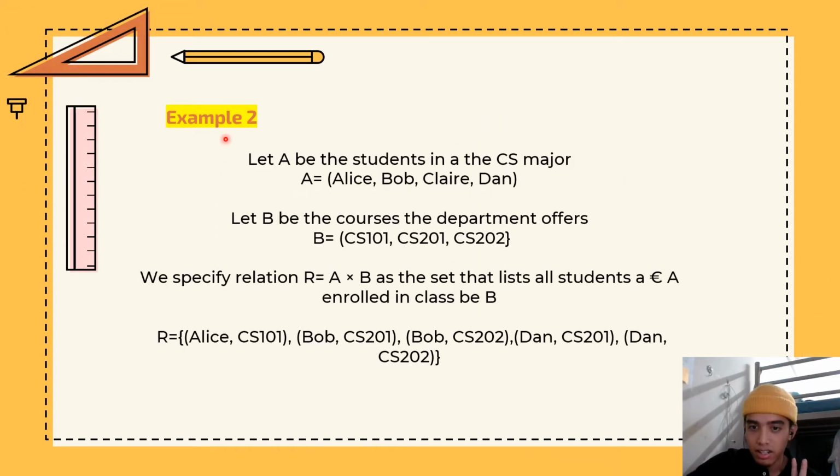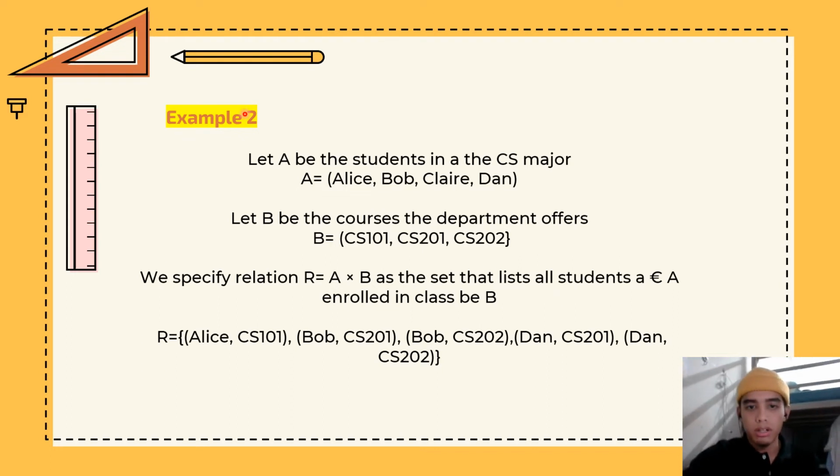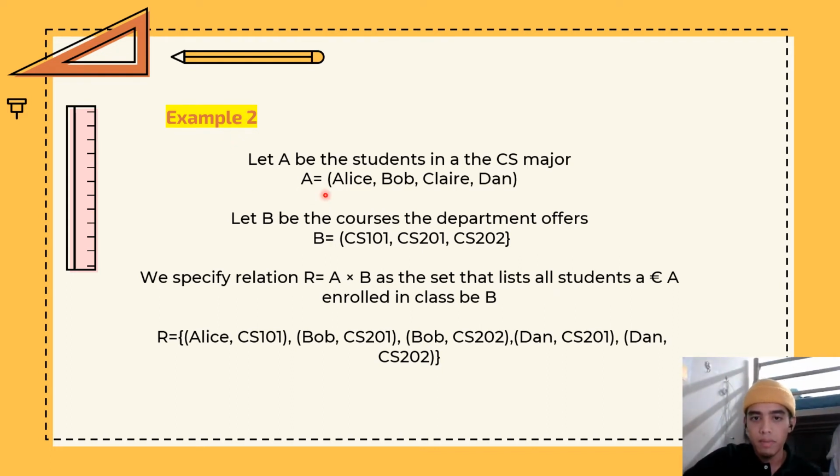Now the second example. The question is: let A be the students in the CS major. The set A is Alice, Bob, Claire, and Dan. Let B be the courses the department offers. The set B is CS101, CS201, and CS202.